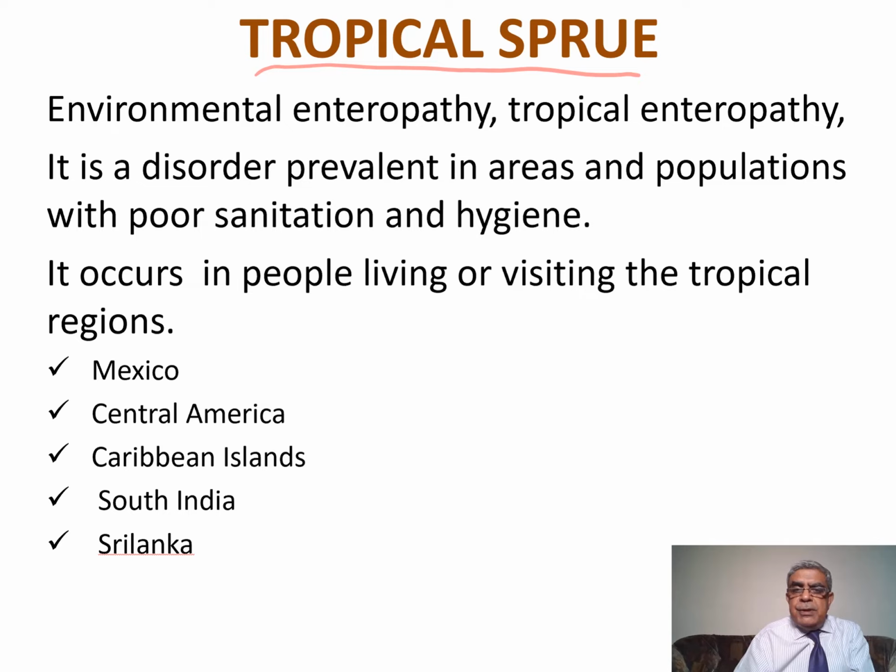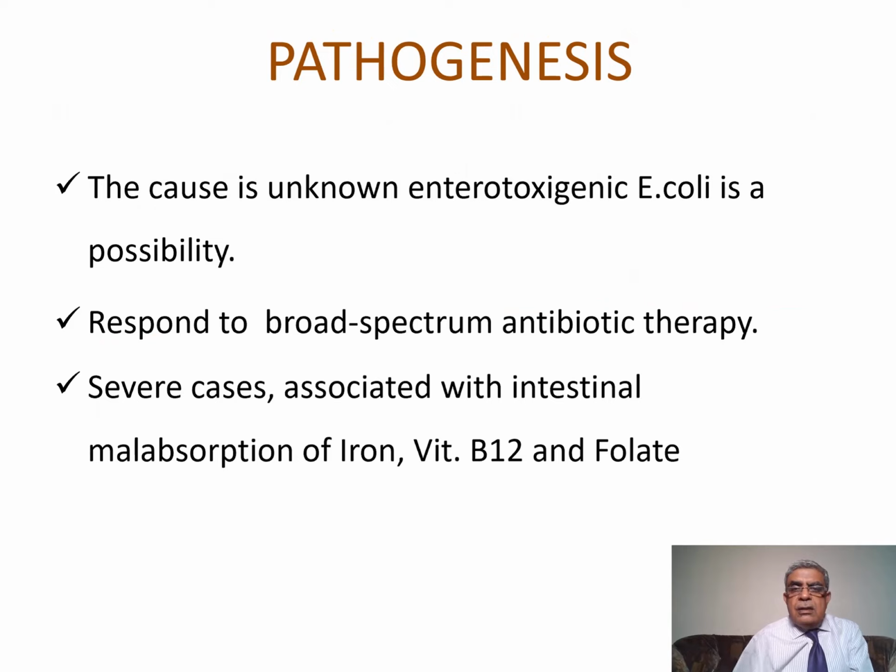It occurs in people living or visiting the tropical regions, and those areas are Mexico, Central America, Caribbean islands, South India, parts of Sri Lanka. The exact cause is unknown.